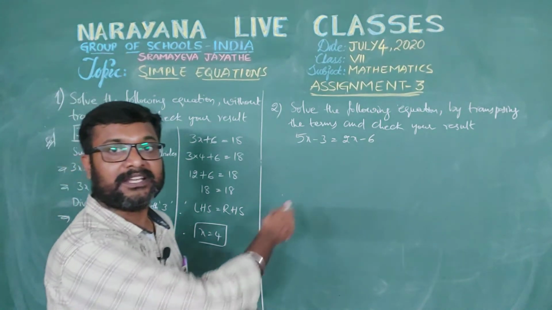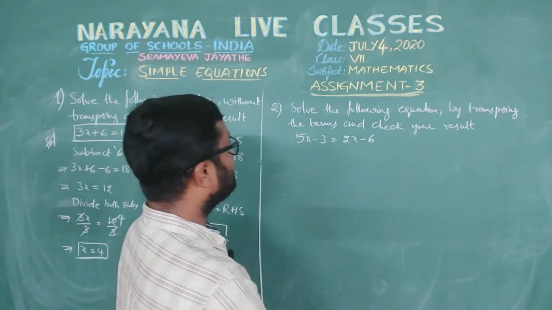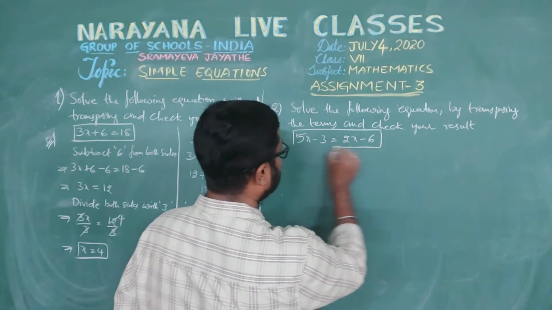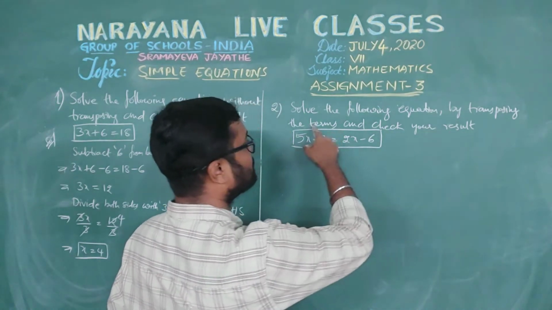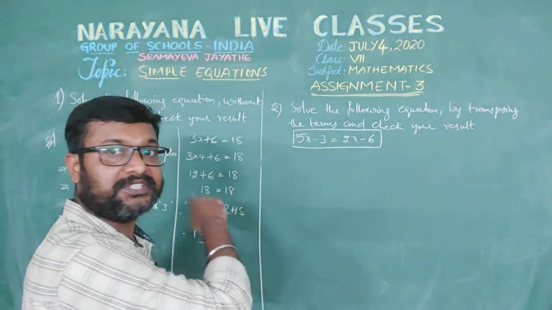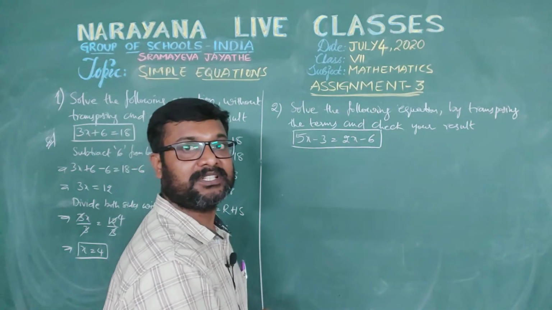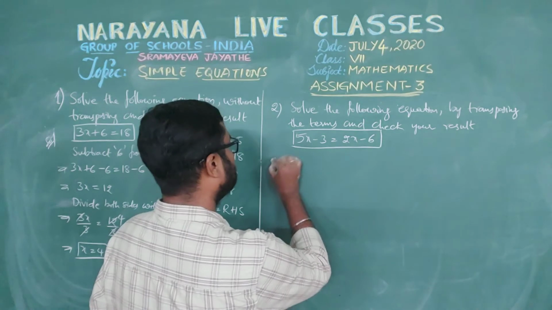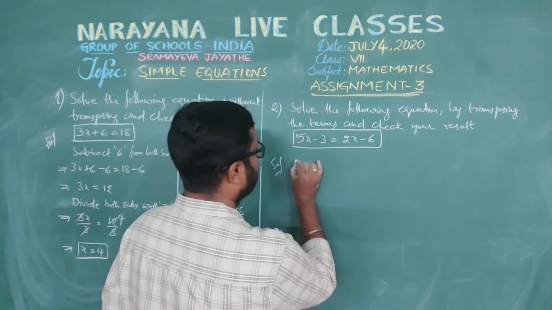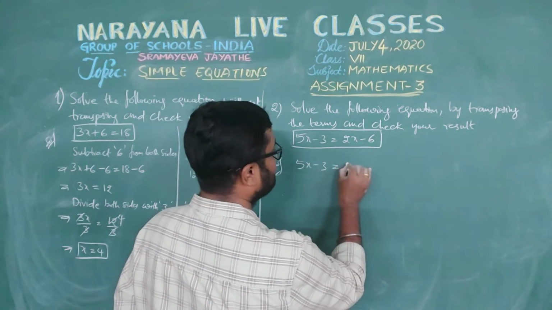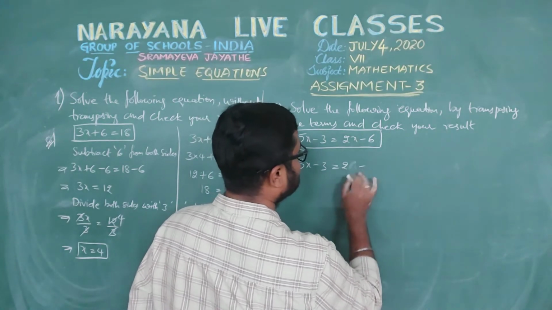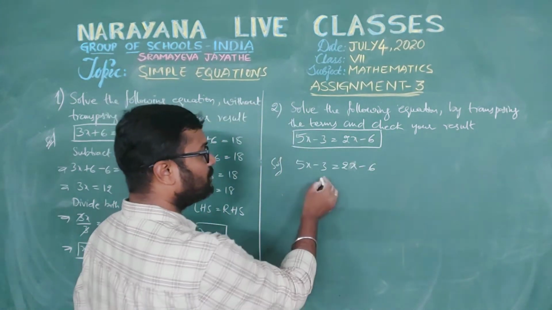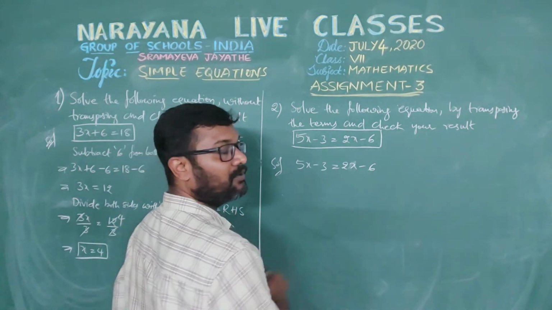Now we will go for the next question. Solve the following equation by transposing the terms. Here, by transposing the terms, we need to solve this equation and check your result. Let us solve it. Now 5x minus 3 is equal to 2x minus 6, isn't it?